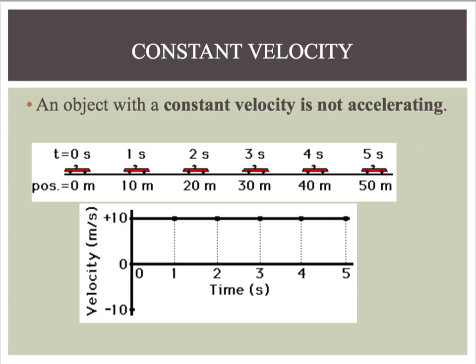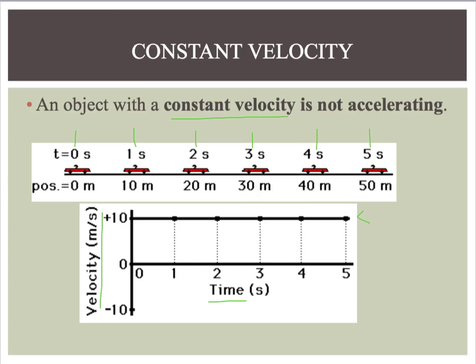Now if I have a constant velocity and I were to plot this on a graph, I don't really plot direction on the graph, but if I were to plot velocity versus time again, and it is not changing its speed at any rate, you can see in this picture, every second it has gone forward the same amount of distance, so that means the velocity isn't changing.